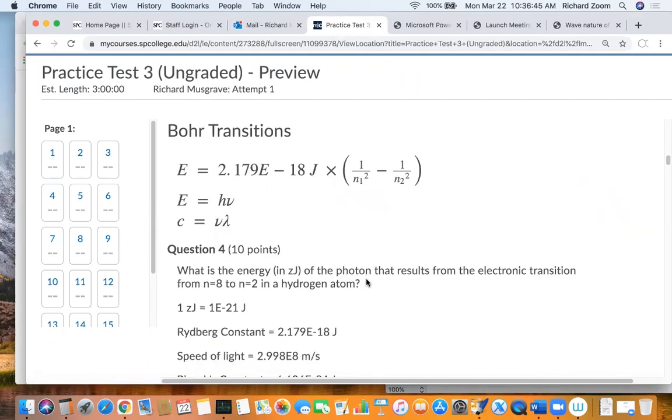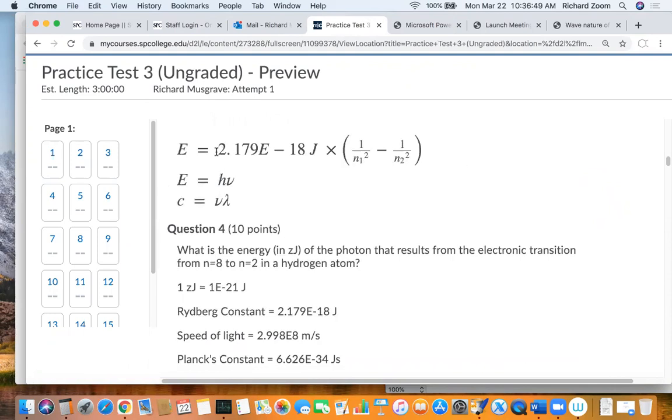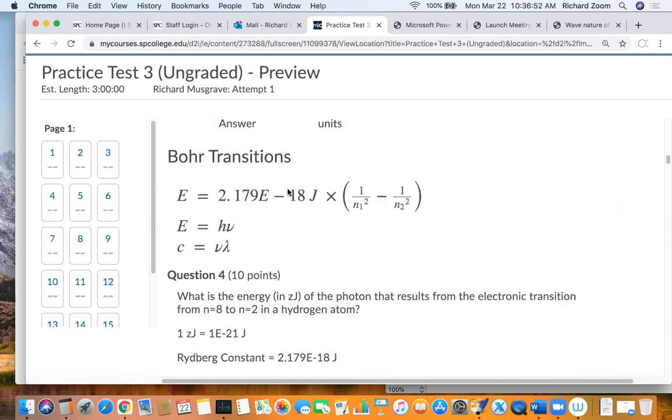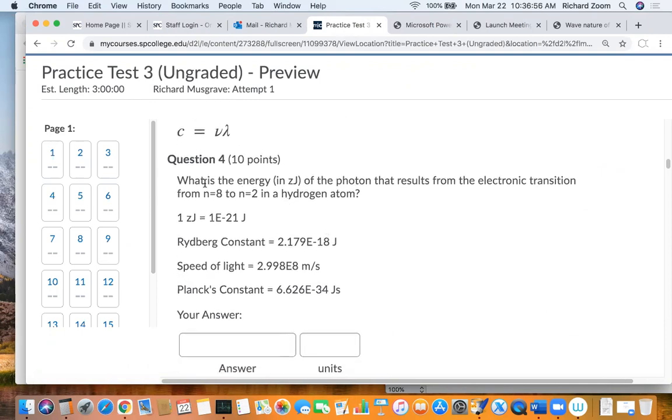Here we go. So we've got the equations that you need here. They're all given to you as part of the test. And then I've got this here as the energy in zetajoules. I know you might not be familiar with what a zetajoule is, but I have given you a conversion for it here.